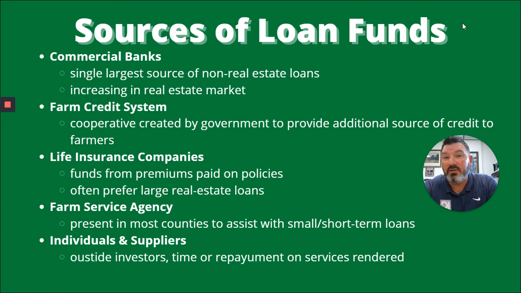Farm Service Agency, or the FSA office, certainly provides a source of loan funds, and every county has an FSA office that you can go to for small or short-term loans. You can borrow against the grain that's in the bin and secure it that way, and then when the grain moves, the check first gets cut to the FSA office to secure your loan, but it maybe allows you to stretch out when cash is needed versus when grain should be sold for its best value.